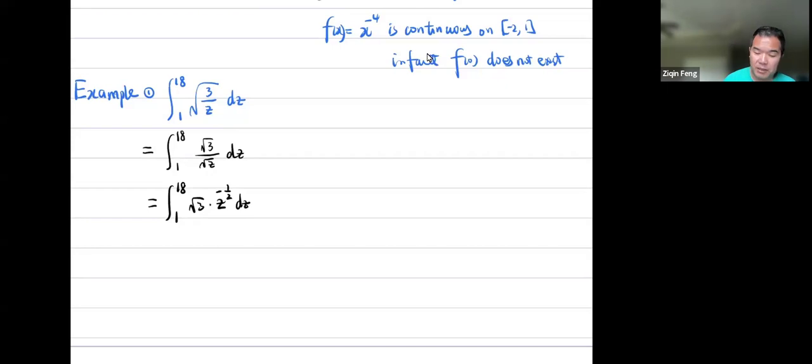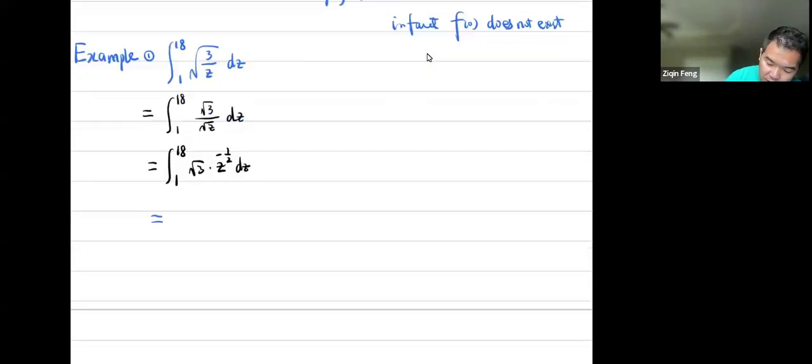So we can apply the fundamental theorem of calculus. This is root 3 times z to the negative 1/2 plus 1 over negative 1/2 plus 1. Then plug in z equal to 1, plug in z equal to 18, and do a subtraction.